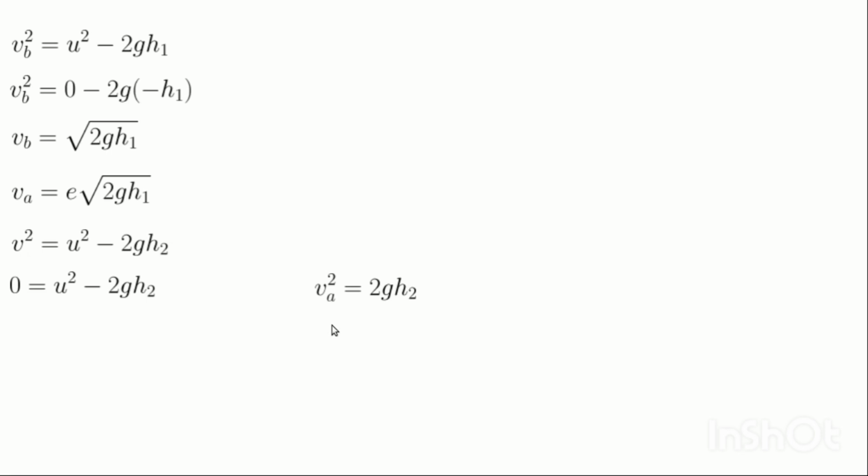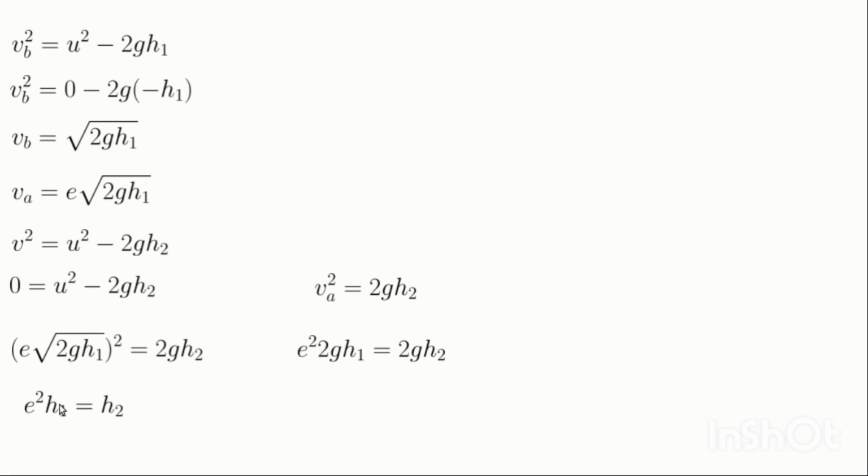Now, what is our VA squared? From the expression here, that gives us e squared 2gh1 equal to 2gh2. We can now say this expression is equal to this expression. So we can take care of our 2g and make h2 the subject of the formula, and that gives us h2 equal to e squared h1.